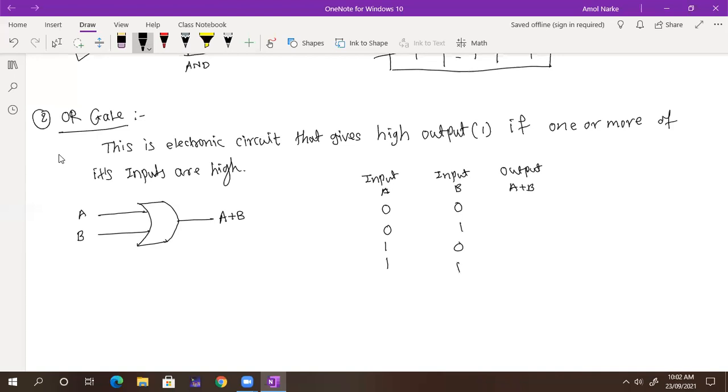So what happened here? The electronic circuit gives a high output if one or more of its inputs are high. So low, low gives low. Either one is high, so high output. Either one is high, high. Both are high, high.